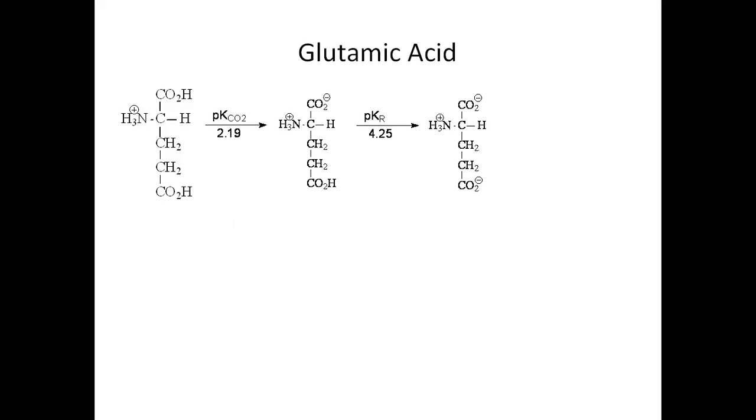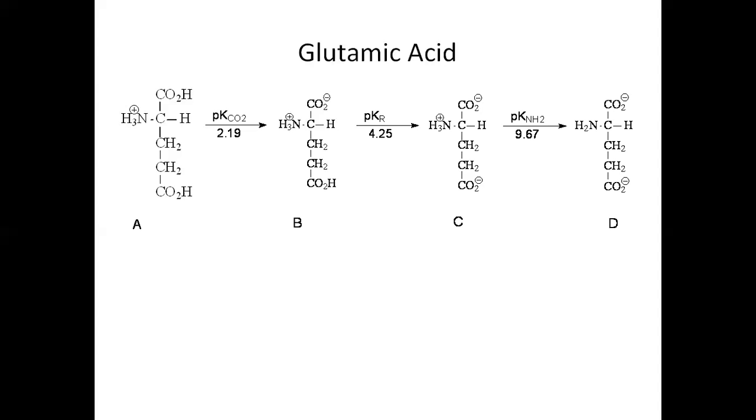Adding additional base will cause the protonated amino group to become deprotonated, as its pK value is 9.67. We will call these four possible structures A, B, C, and D.